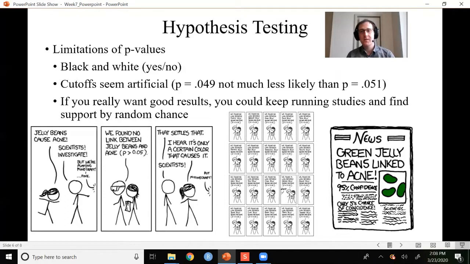And so because of this, you want to be transparent about how you're testing hypotheses. That is, if you are running multiple versions of a study, you want to inform the reader that you maybe ran one experiment and the p-value was greater than 0.05, and then you ran another one and it was greater than 0.05, and then you ran a third study and you found support for the hypothesis in that final one.